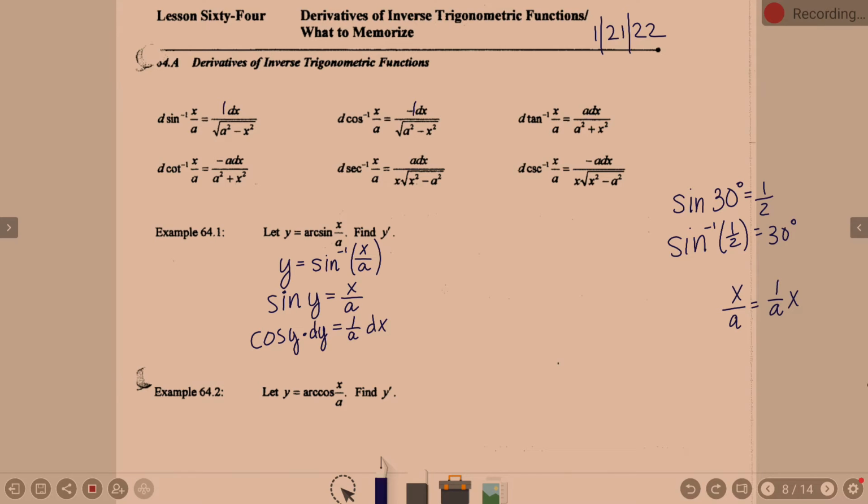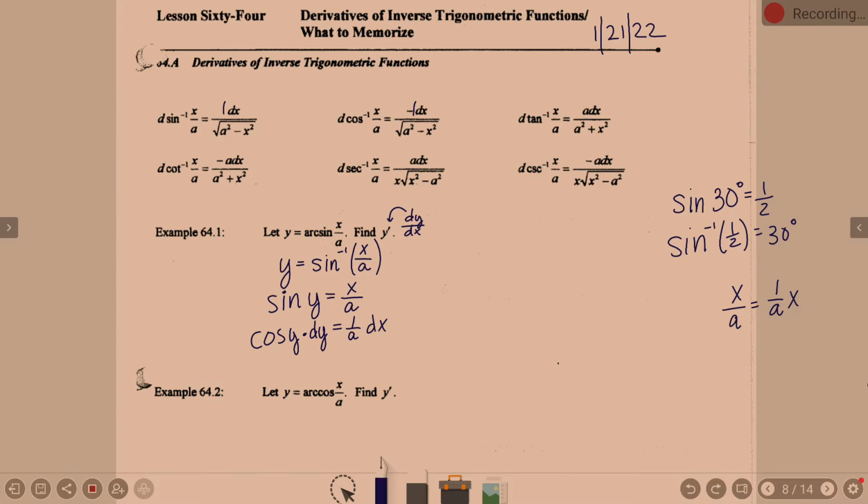Now, if we're trying to find y prime, then what's another name for y prime when we're working with our differentials? Yeah. Trying to find dy dx. Can you take your current equation and solve it for dy dx?